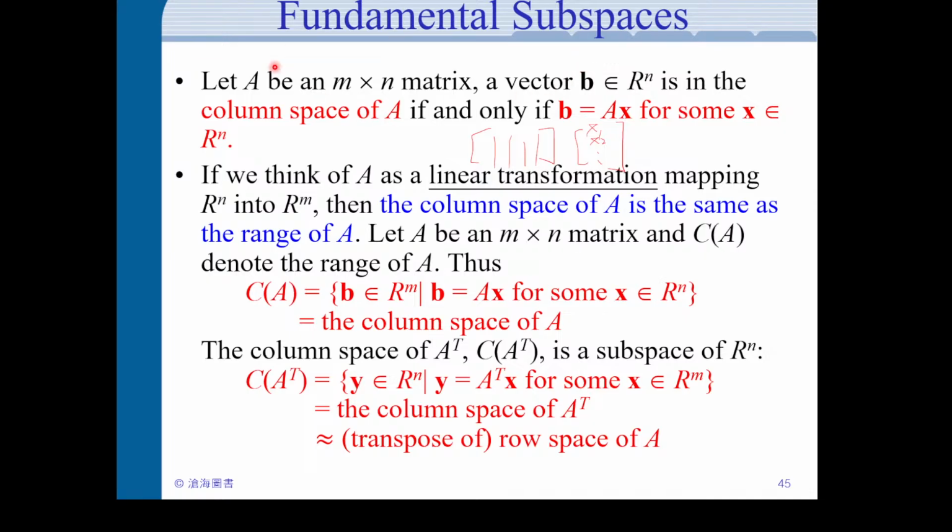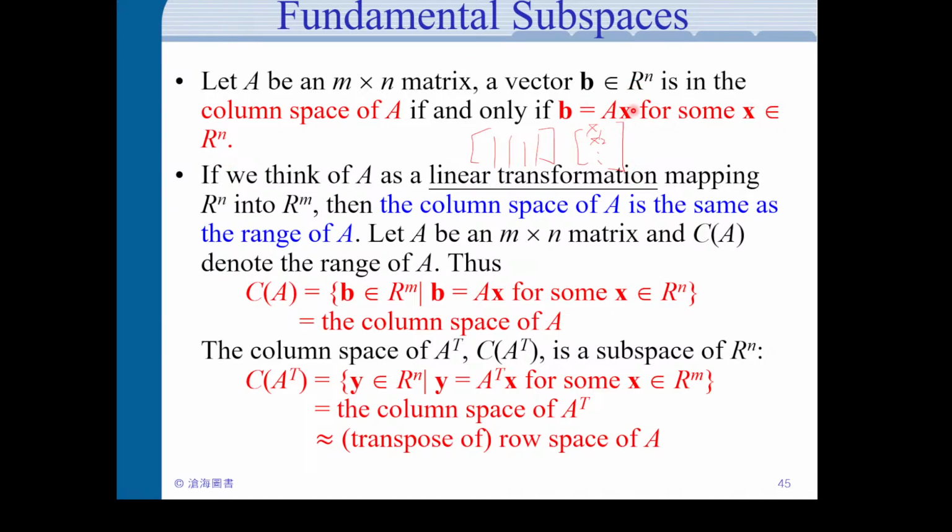So A is an n by n matrix, and we can think about the column space of A. The column space of A is the set of linear combinations of the columns, and it can also be written this way: something inside the column space is B equal to A times X, where X is something inside Rn.